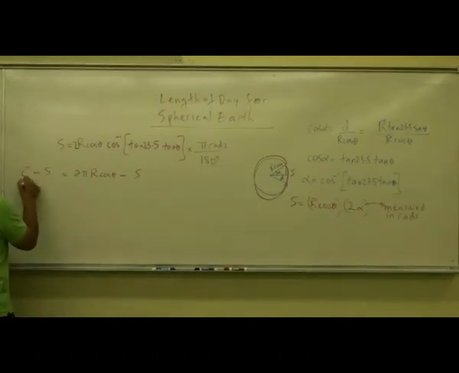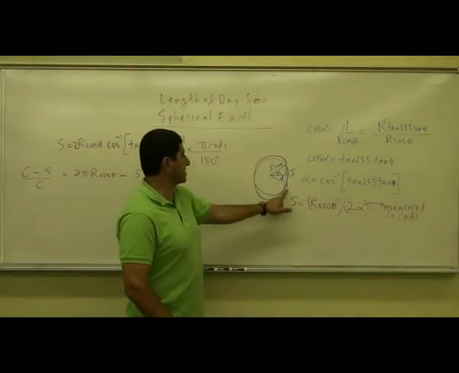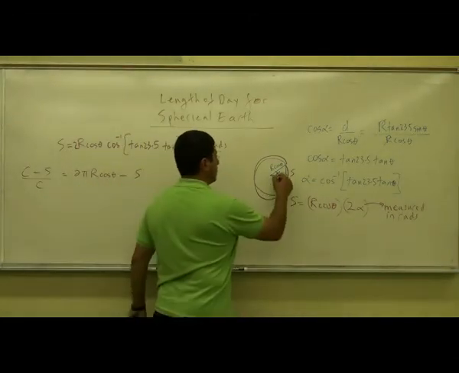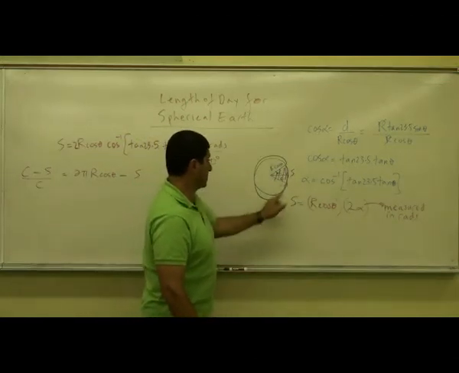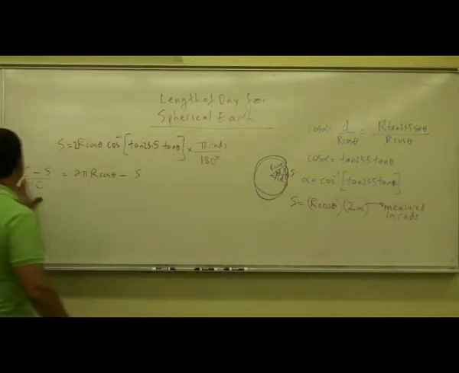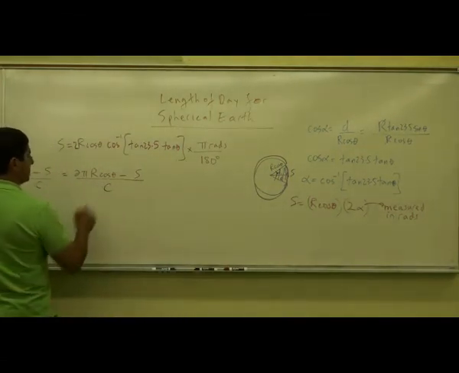Circumference minus S divided by the circumference. That's the ratio of how much a person is in the sunlight divided by the dark portion. Okay? Sunlight divided by dark. So C minus S over C, 2 pi r cos theta minus S over C.